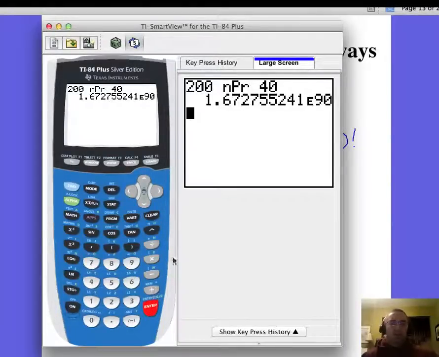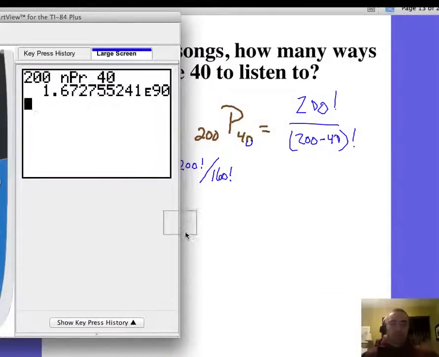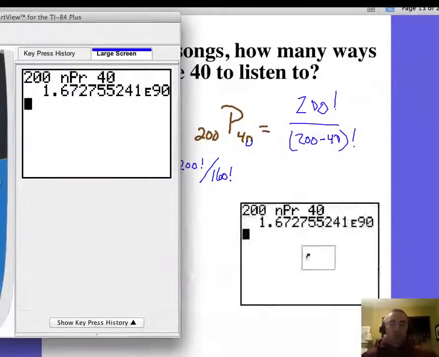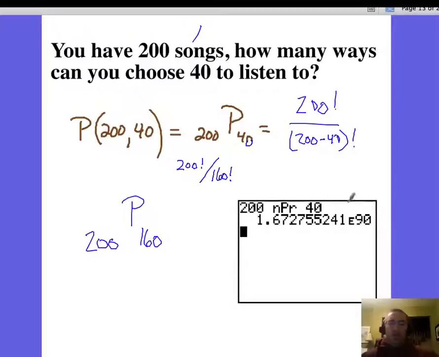We can enter. And there is our answer. Now again, people, we have to understand that we might get into a situation where we have scientific notation. These numbers are very large. There is a huge number of choices. So it is 1.67 times 10 to the 90th ways.